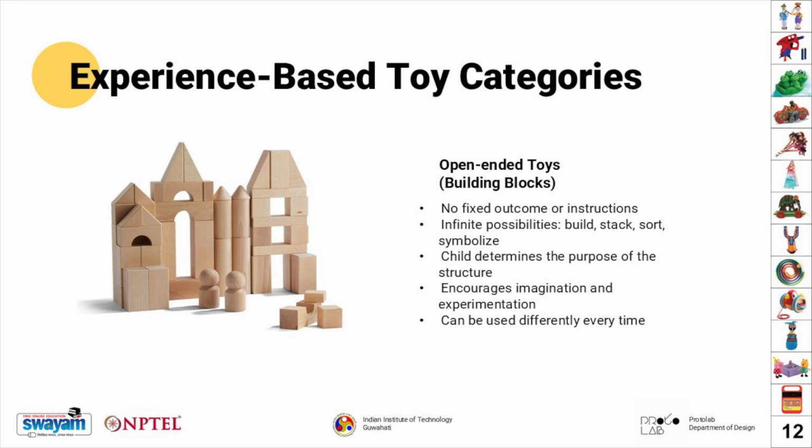There is no picture to match or goal to reach. The blocks simply offer ambiguous shapes that can become anything. A tower, a town, a rocket, a fence. The meaning comes from the child.